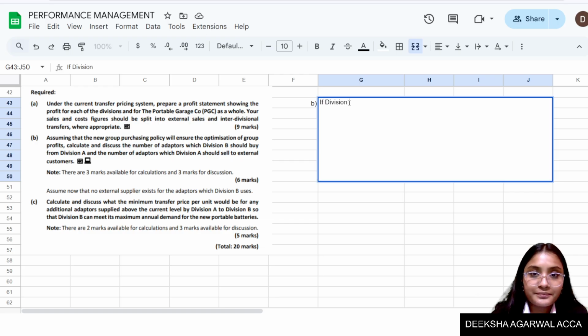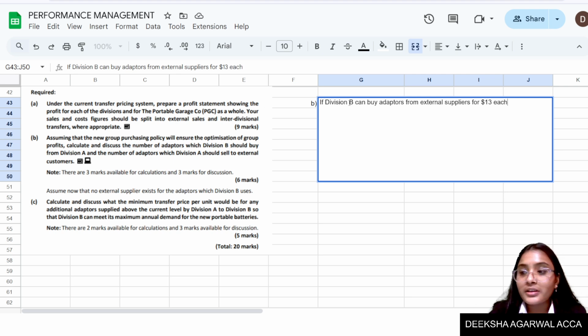If division B can buy adapters from an external supplier for $13 each, that is what is mentioned. Correct. The best strategy, what will be the best strategy?